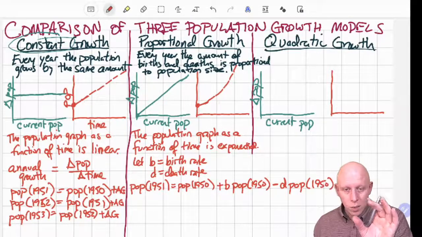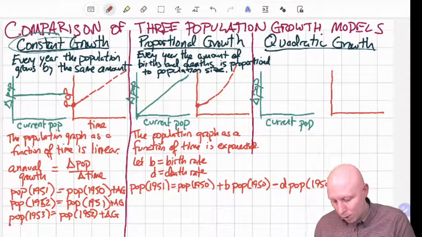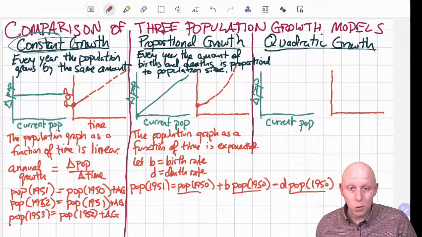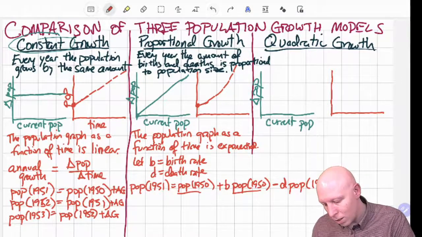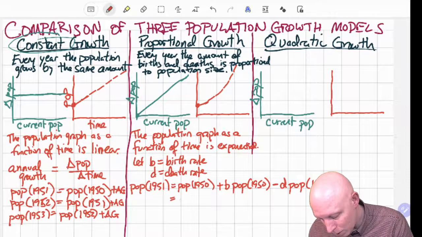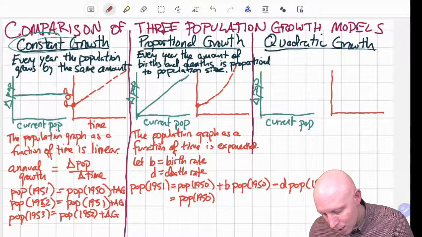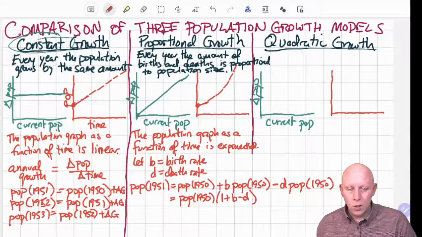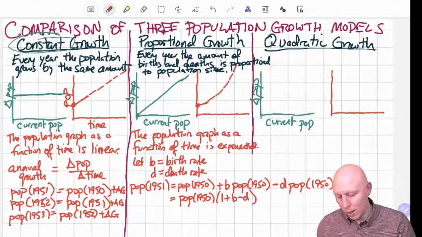If you look at this expression, we have the same factor appearing in each of these three terms. So if we factor it out, the population at 1951 is equal to the population at 1950 times 1 plus b minus d. That's a number like 1.01 or 1.02 if we're thinking human scale.